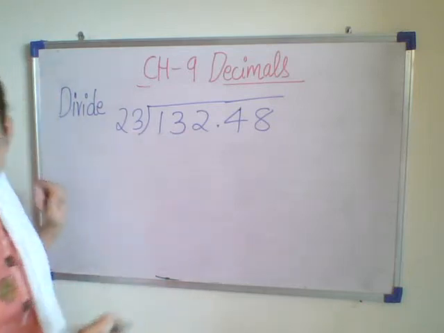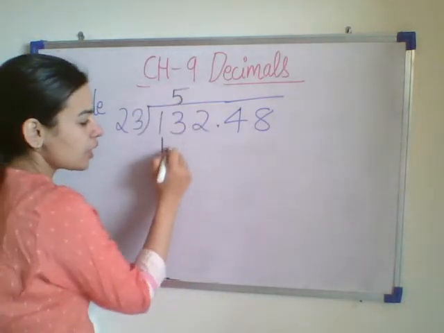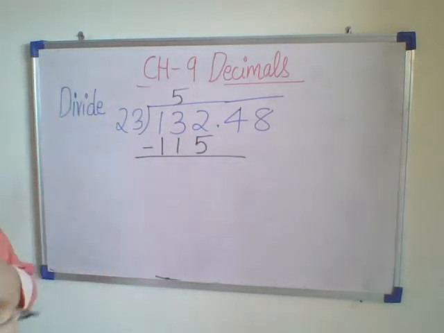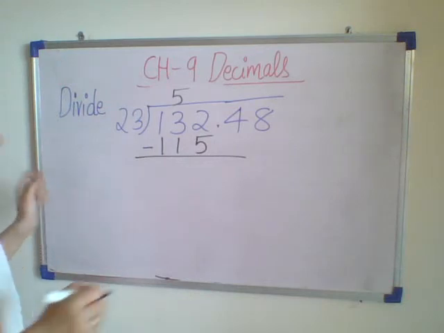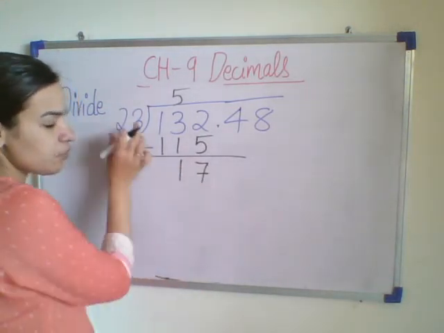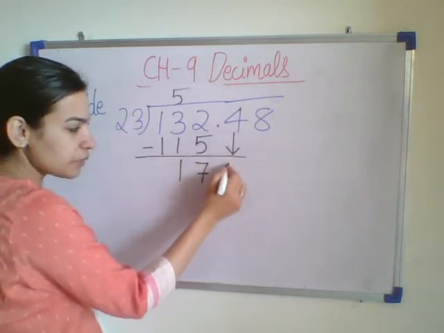Then the table of 23. 23 5s are 115. Now subtract 132 and 115. We will get here 17. As 17 is smaller than 23, it cannot be divided. So we will carry down this 4.